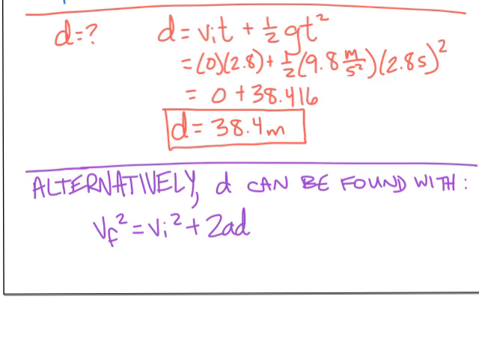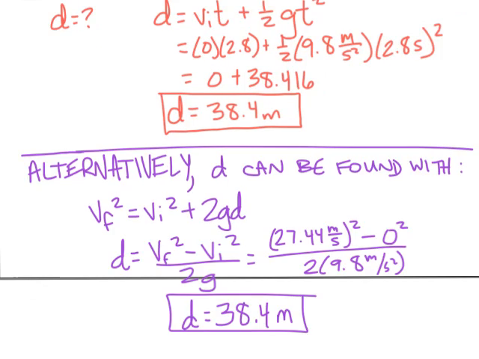Because we found that final velocity in part A, we could use the third kinematic equation and solve for D, so we can rearrange that. You should recognize some of these equations from the algebra review, so now we're putting those equations into practice and rearranging them. In this case, we solve for D, and when you plug the numbers in, notice that you do get the same answer of 38.4 meters with either equation.